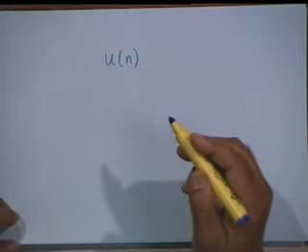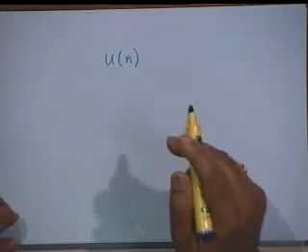However, the Fourier transform does exist. In other words, absolute summability is a sufficient condition, square summability is also a sufficient condition, and there are sequences which are neither absolutely summable nor square summable. For them also the Fourier transform exists.